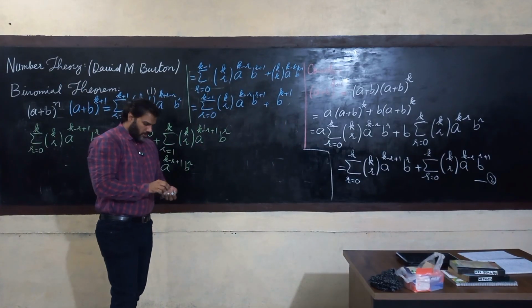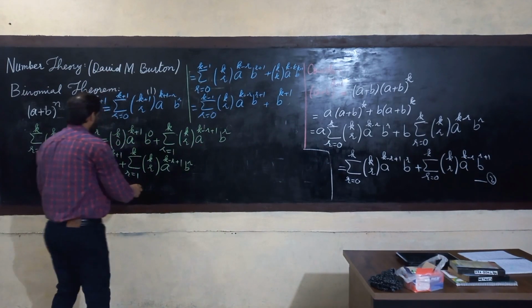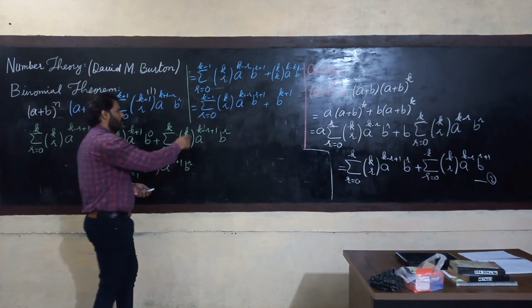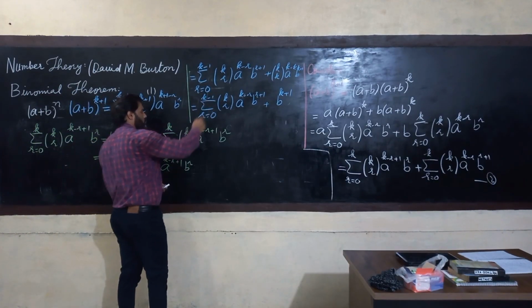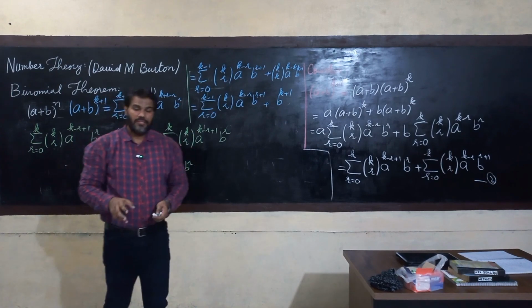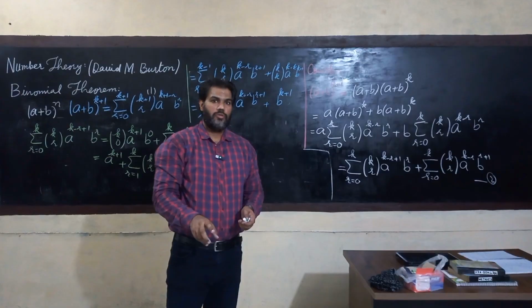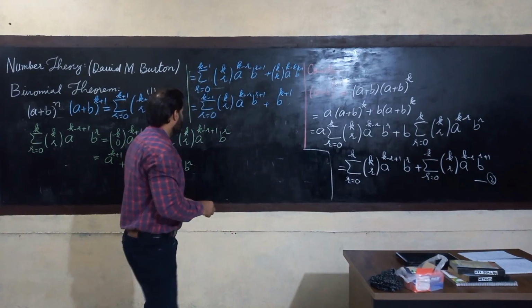Now to make these two sums identical, this sum starts from r is equal to 1 to k, and this starts from r is equal to 0 to k minus 1. To make these two sums the same, we replace r with r minus 1.